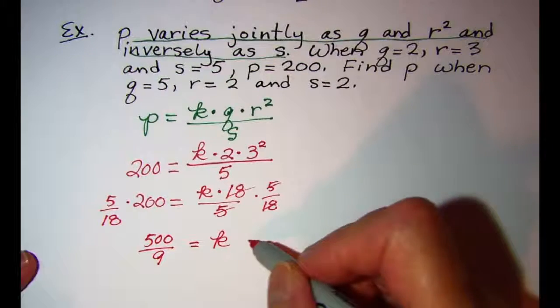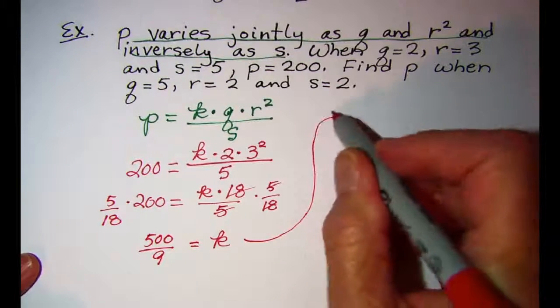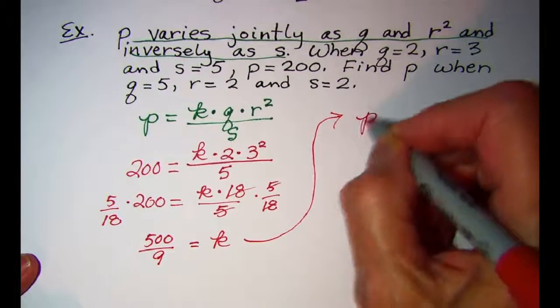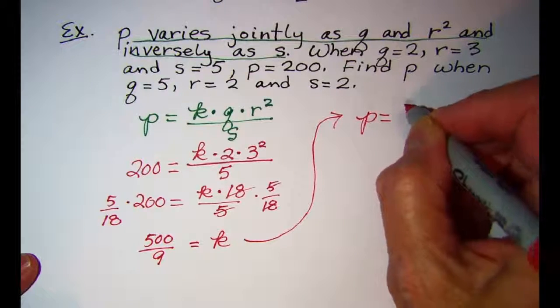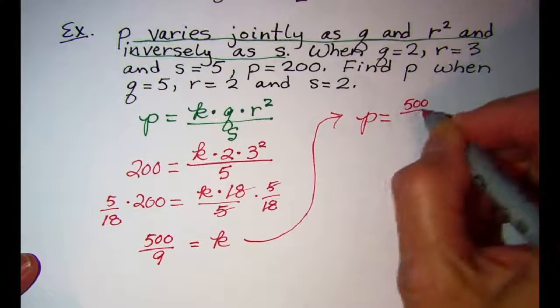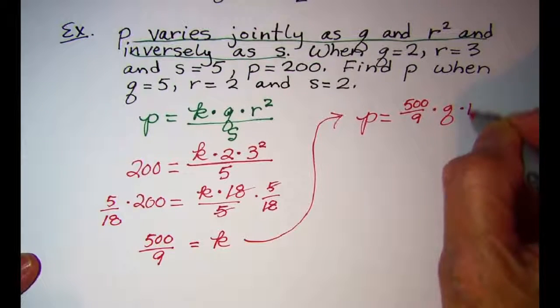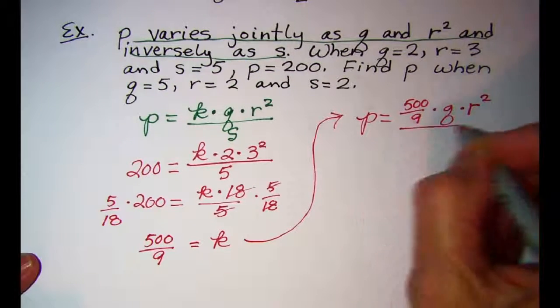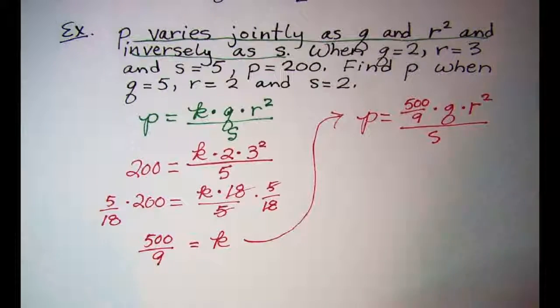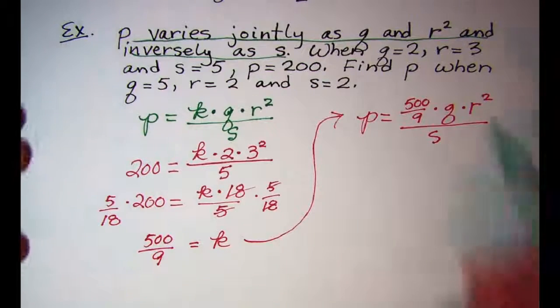Now we can put that K value back into our equation. We have P is equal to 500 over 9 times Q times R squared all over S. And then finish our problem.